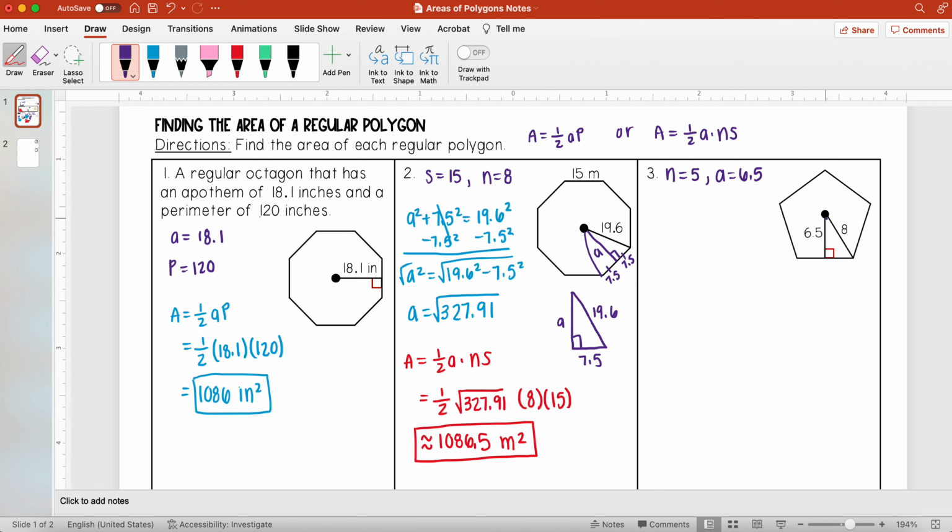However, I know that if I were to draw this side length here, I have an isosceles triangle because of this being length 8 as well. So that means that these two side lengths are going to be the same. So I can just find this one side length here and then double it to figure out what the whole side length is. And so again, I'm going to be using the Pythagorean theorem here. I'm just going to call this B. So I have that 6.5 squared plus B squared is equal to 8 squared.